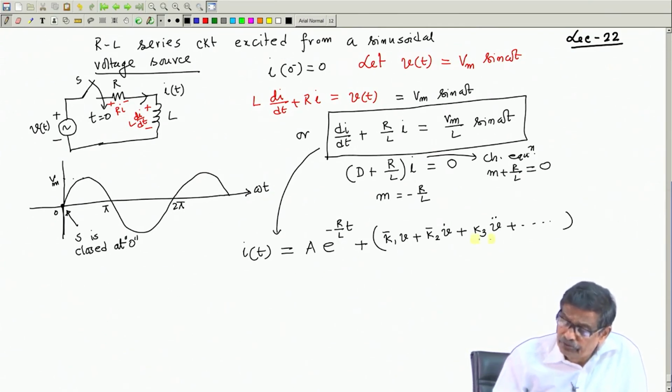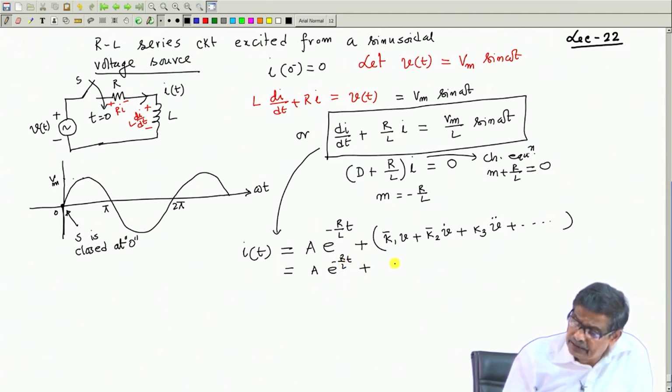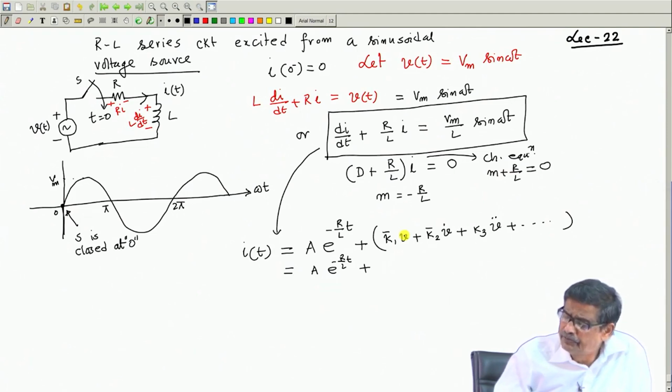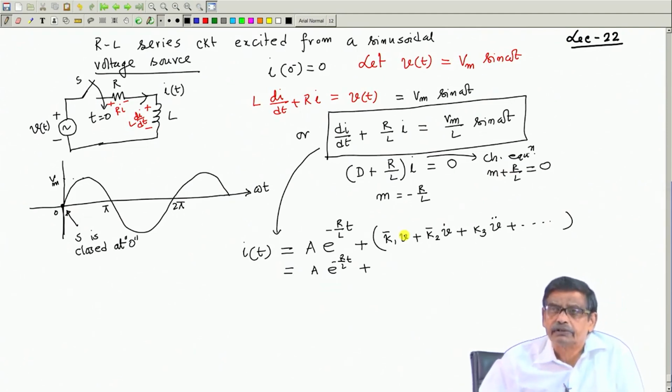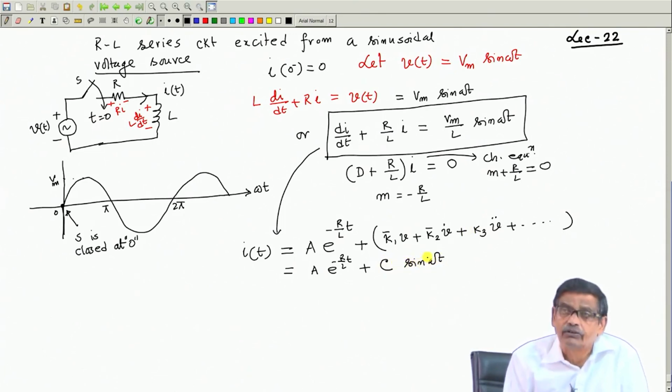Now, therefore, it looks like this is equal to A into e to the power minus R by L into t, plus there will be an infinite number of sin omega t terms. Whatever it is, I will call that some big constant into sin omega t. This I can always do, because those coefficients are constant.